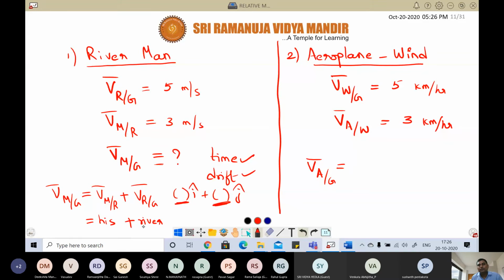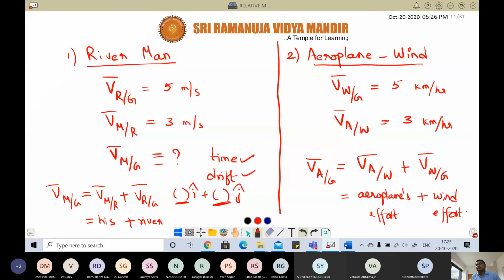In 1 dimension these two will be the same, but in 2 dimensions we have to add vectorially. Here also, velocity of aeroplane with respect to ground is equal to velocity of aeroplane with respect to wind plus velocity of wind with respect to ground. That's all, but vectorially. This is the aeroplane's effort, that means the engine's effort, plus the wind effort. Both are the same.